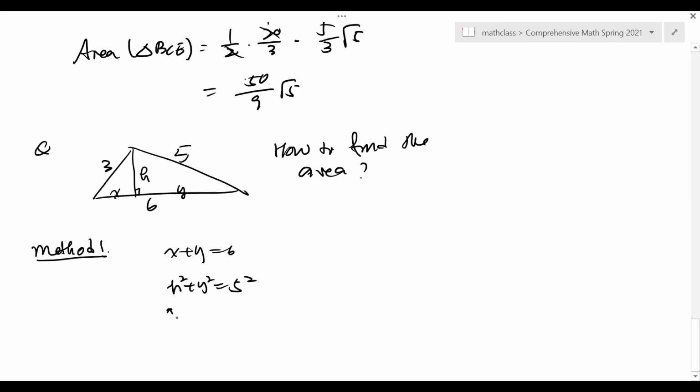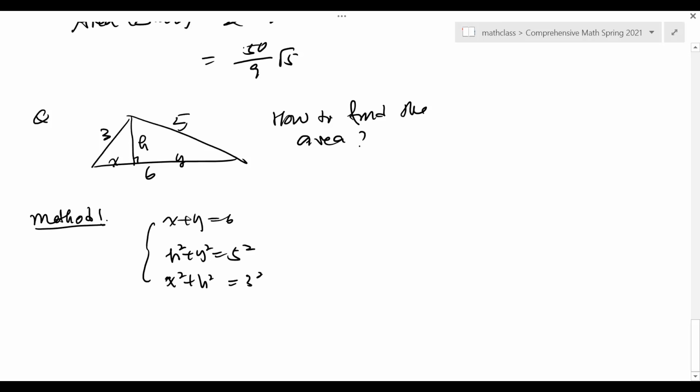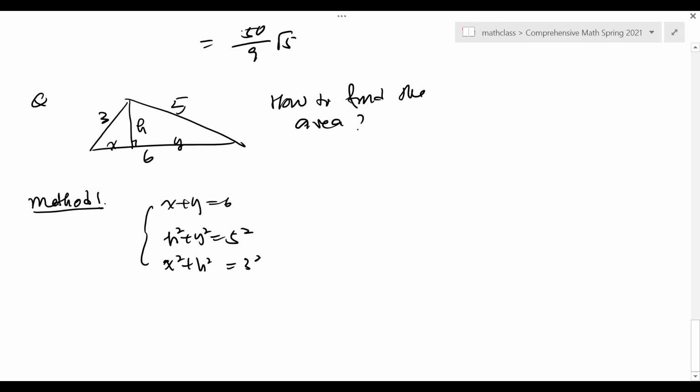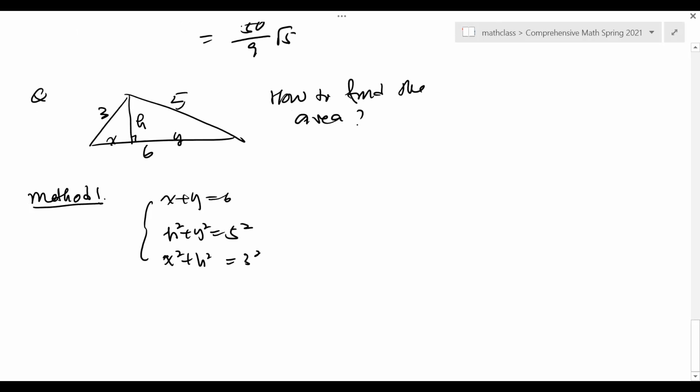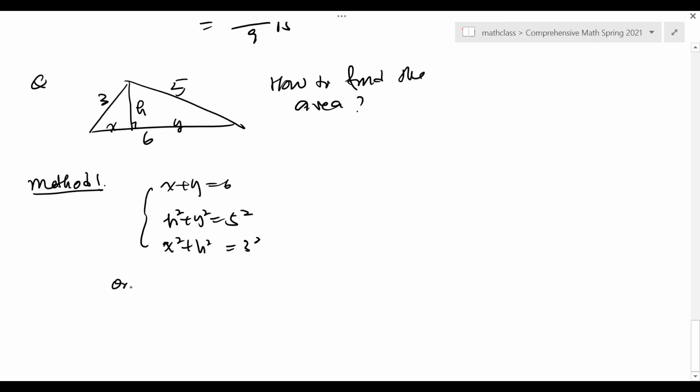And x squared plus h squared equals 3 squared. So from here you can find the x, find the h. Then you can find the h from these 3 equations. They're a little bit complicated, yes. Okay, so one can find the h. Okay, then the area.